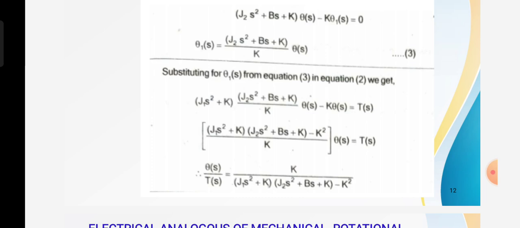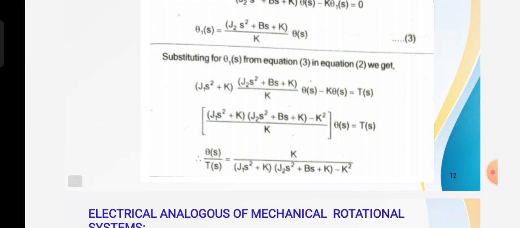Then cross multiplying, we finally find the transfer function theta of s by T of s equal to k divided by J1 s square plus k into J2 s square plus bs plus k minus k square. This is the final answer for the given mechanical rotational system.